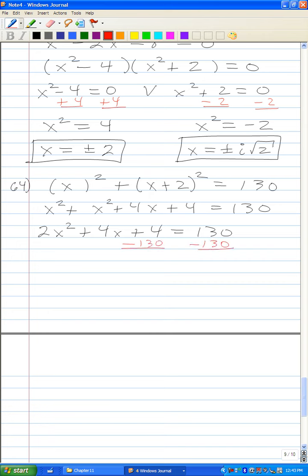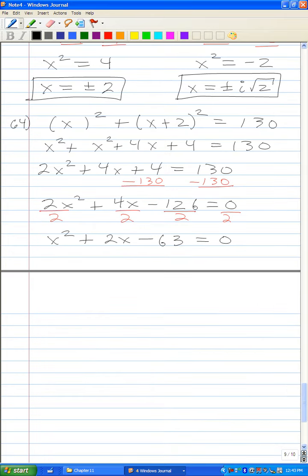And so I get 2x squared plus 4x minus 126 is 0. Divide by 2. So I get x squared plus 2x minus 63 is 0. Let's try to factor.